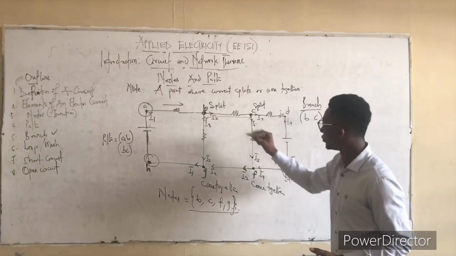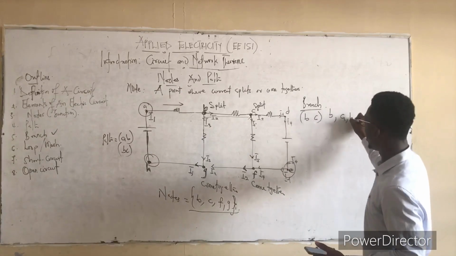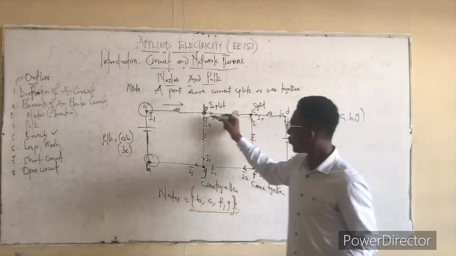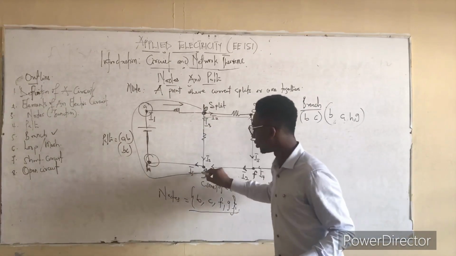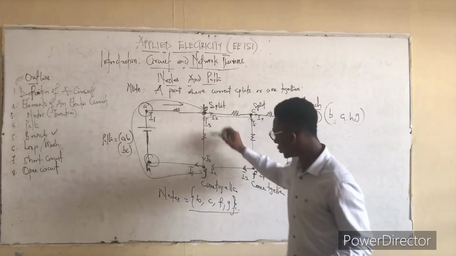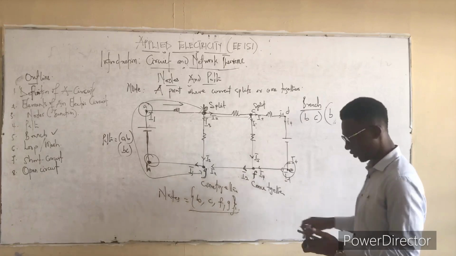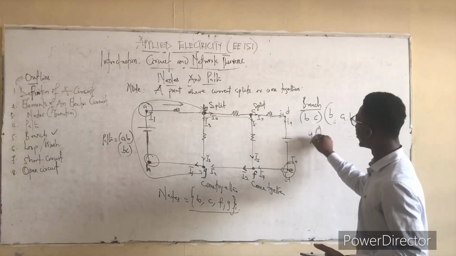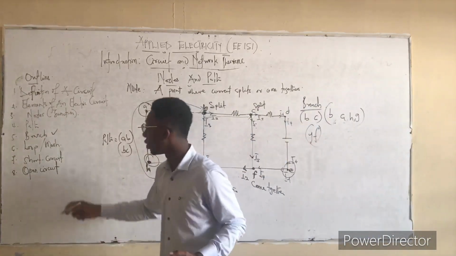We can have B, A, H, and G. It is also a branch. Why? Because this whole thing is a connection between these two nodes, that is B and G. We can also have G and F, which is also a branch. So any connection that exists between two nodes is a branch.